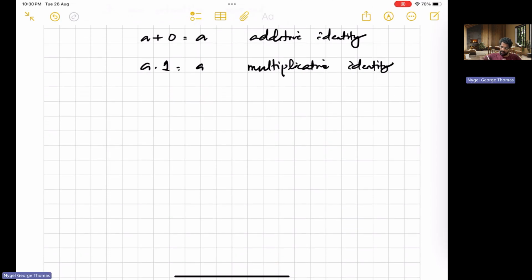Then for every element, there exists an additive inverse.